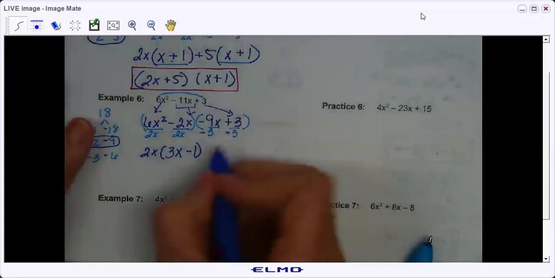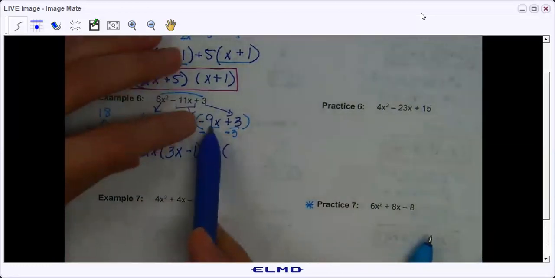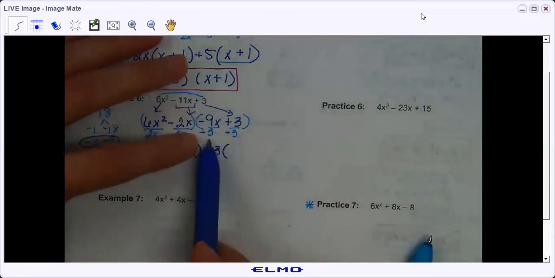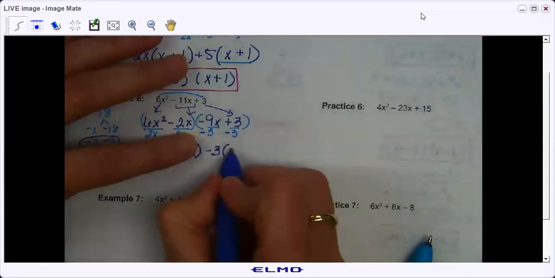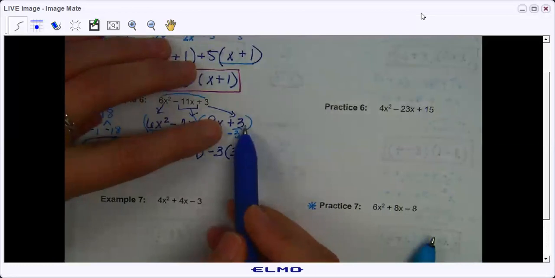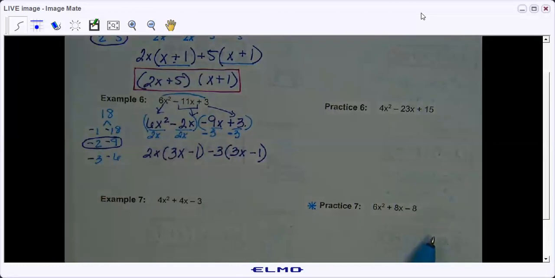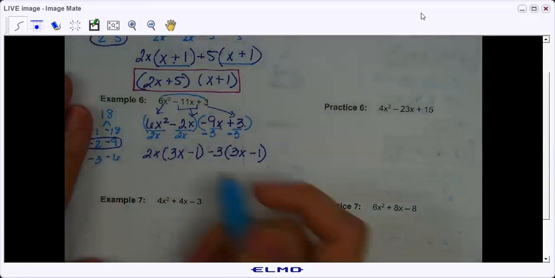So I'm going to take out a negative 3. Negative 9x divided by negative 3 is a positive 3x. Positive 3 divided by a negative 3 is a negative 1. So these right here are both the same, so I did it correctly.